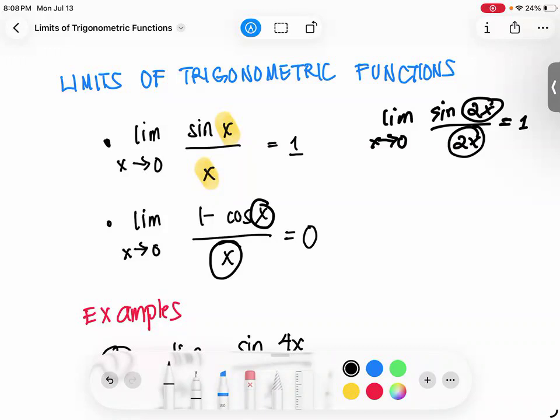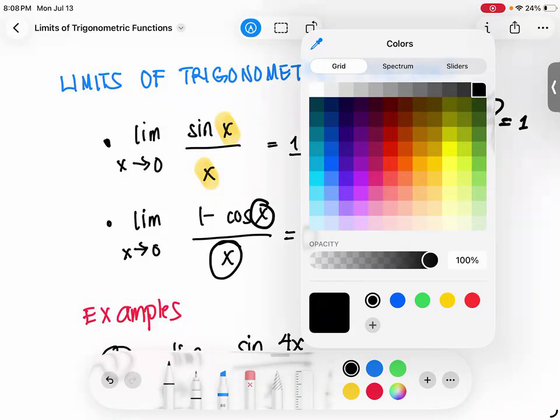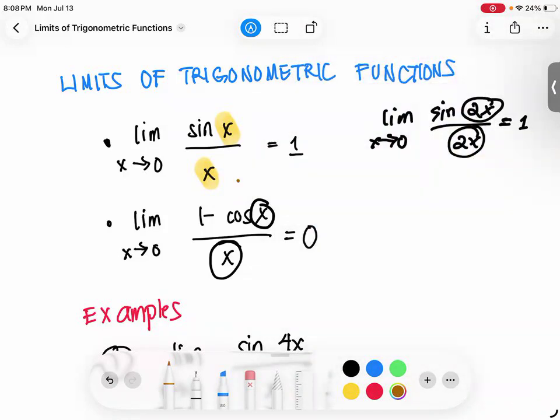Now, there are other variations of this identity. For example, you may encounter something like this. This is the limit of sine of x plus 1 over x plus 1 as x approaches -1. So if we're going to plug in -1 to x plus 1, -1 plus 1 is equal to 0.